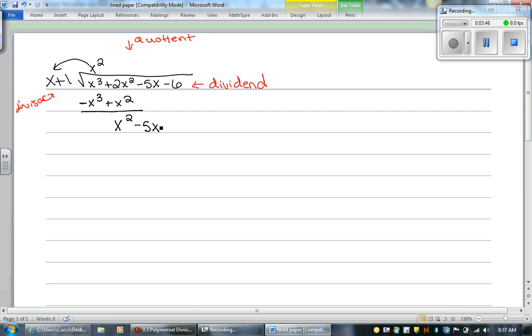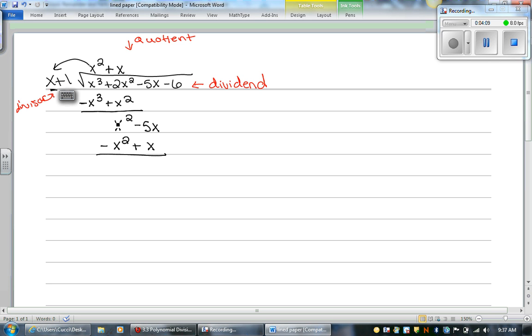So then we follow that procedure again. What would I have to multiply x by, this x here, to get x squared? Okay, x times x, so plus x, is going to give us that x squared. Take that x, distribute it back through, x squared plus x.